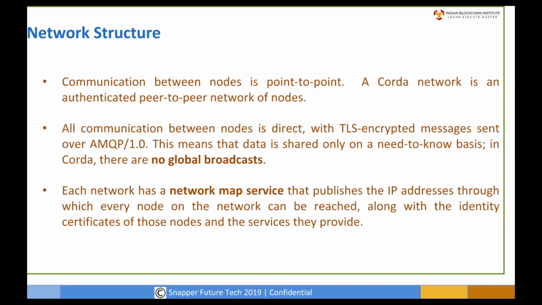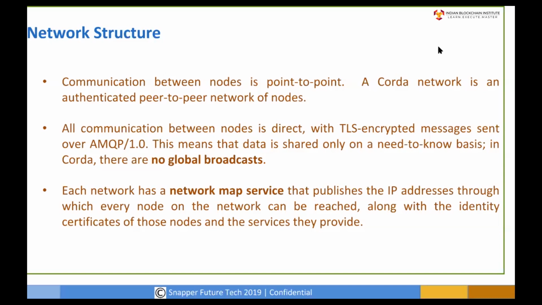For example, let's say party A and party B are doing some transaction, and there is party C in the same network, but the transaction is between party A and party B. The information about the transaction will only be with party A and party B. Party C will not have any information regarding that transaction because it is point to point and it is not globally broadcasting that information.